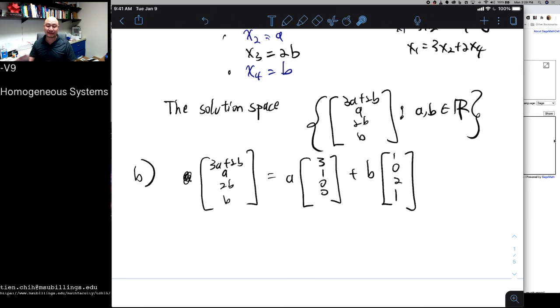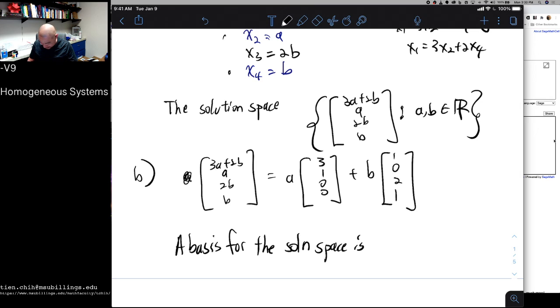It's clear that one of them is not a multiple of the other. So they're definitely pointing in different directions in the space, so they're linearly independent. So a basis for the solution space is these two vectors we just found, (3, 1, 0, 0) and (1, 0, 2, 1).